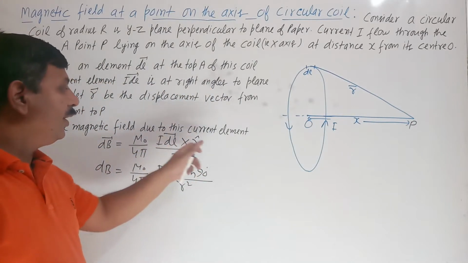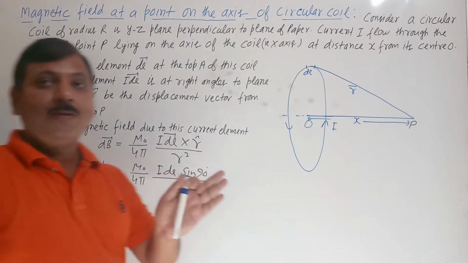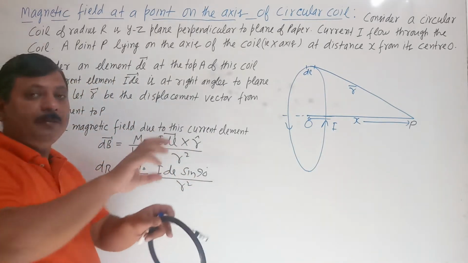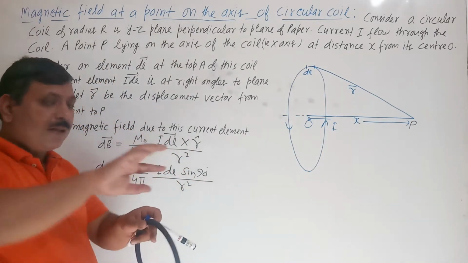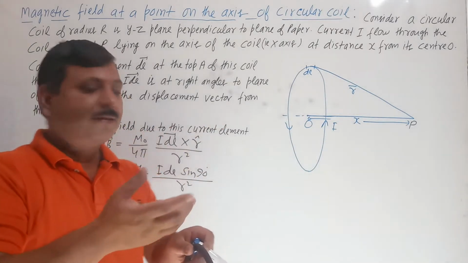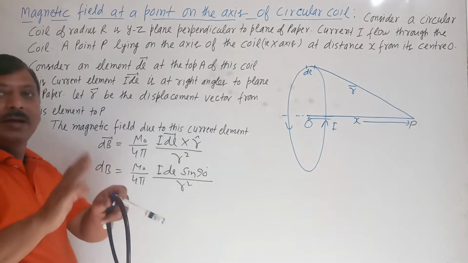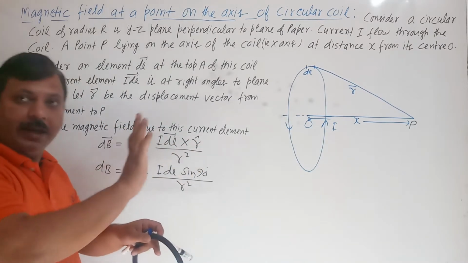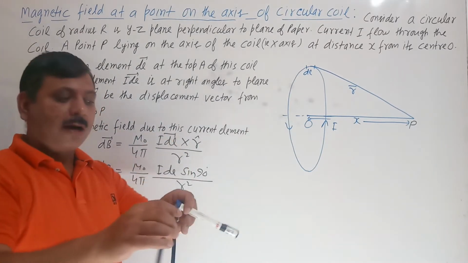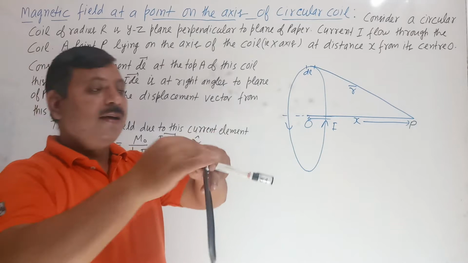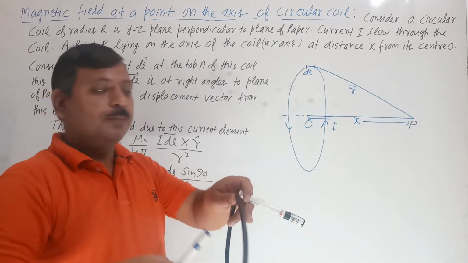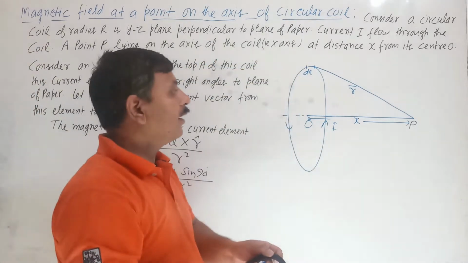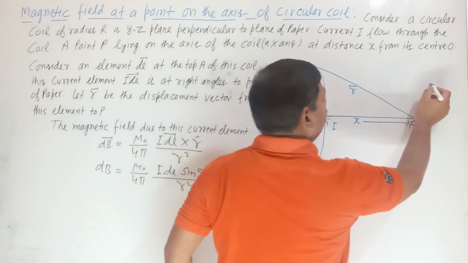If you rotate vector dl to r, the screw direction gives the direction of A cross B, meaning dB. dB is perpendicular to the plane containing vectors Idl and r. Here you can see this is Idl and this is r, so dB is perpendicular to both. This will be the direction of dB, and I will show it in the figure.